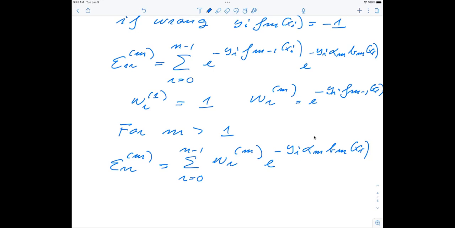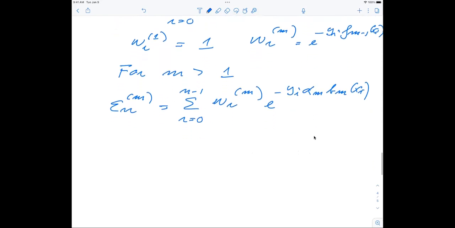So that means that this function which we see here is going to put more weight on the results which we misclassify. And that's actually the whole idea behind this algorithm, because if it's correctly classified, we know that we have a plus 1, and if it's wrongly, we have a minus 1.